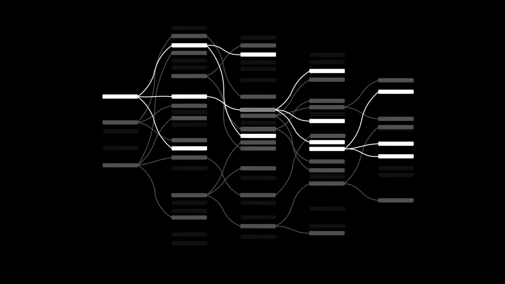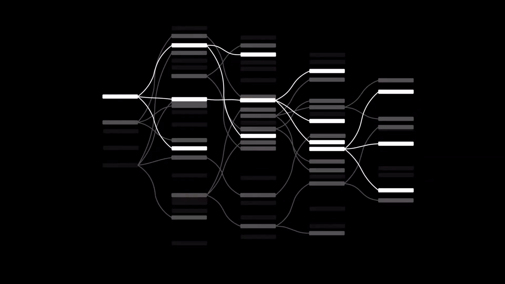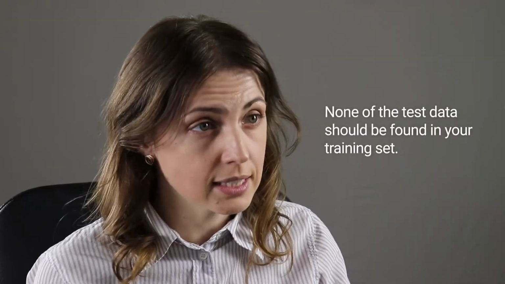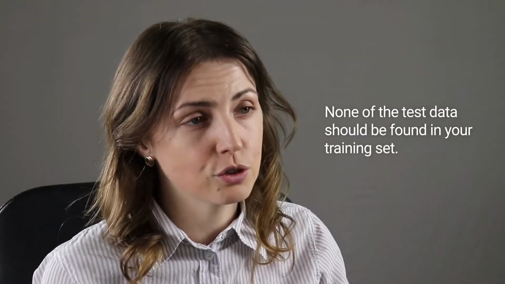Once we get a clean dataset, we randomly divide the data into 2 parts, training set and test set. We teach the model with the training set and then evaluate its performance on the test set. So make sure there is no data leakage between these sets. None of the test data should be found in your training set.